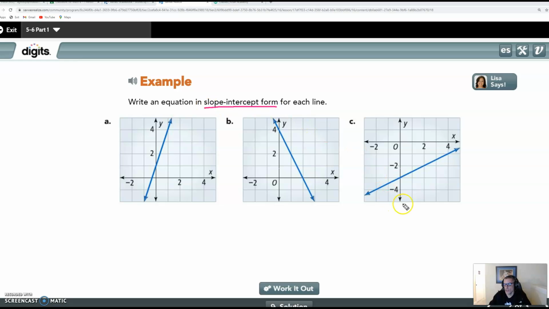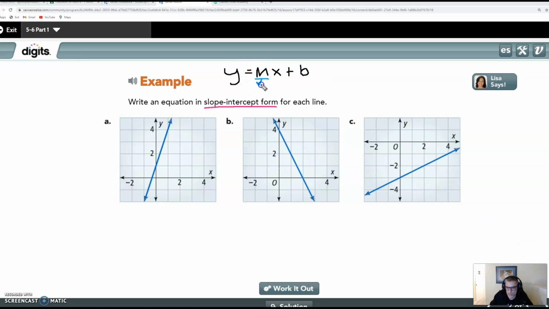I already showed this to you guys over the last week and a half, but the slope-intercept form of a linear equation is y equals mx plus b. And we've been talking about this a lot. In order to write an equation in this form, you need to know 2 things.